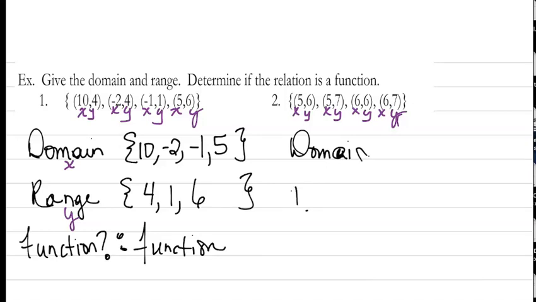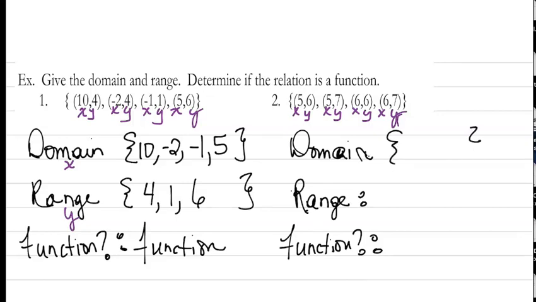If my stylus will work, I can write down what I need to write down. So in the first part, I'm looking for my domain. I use my little braces, and I find my x's and I write it down. I have a 5. I have a 5 again, so I don't need to write it twice.